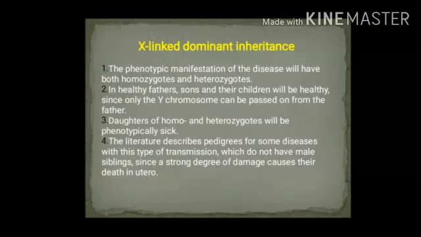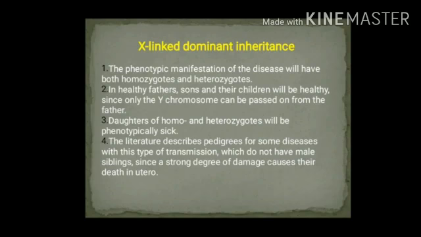Next, X-linked dominant inheritance. The phenotypic manifestation of the disease will occur in both homozygous and heterozygous carriers. In healthy fathers, sons and their children will be healthy, since only the Y chromosome can be passed on from the father.